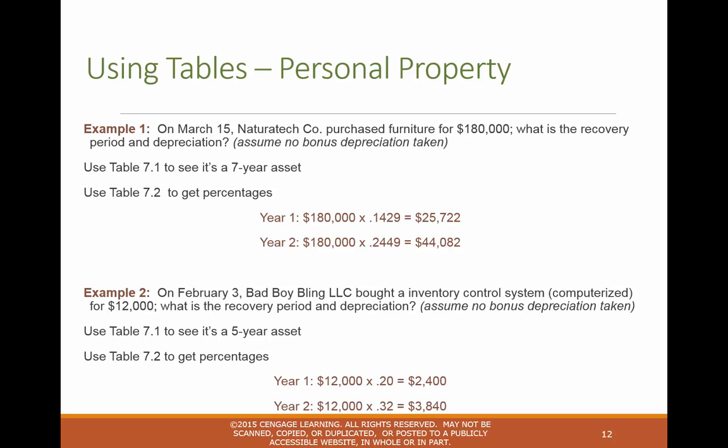So it would be the same thing, wouldn't it? You take that $12,000 to table number 2, pick up the percentages for the first 2 years. Five-year asset year 1, 20%. 5-year asset year 2, 32%. And that would go on the 4562 just like we just practiced with the other asset.